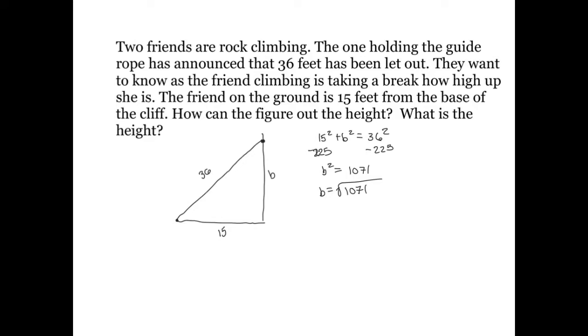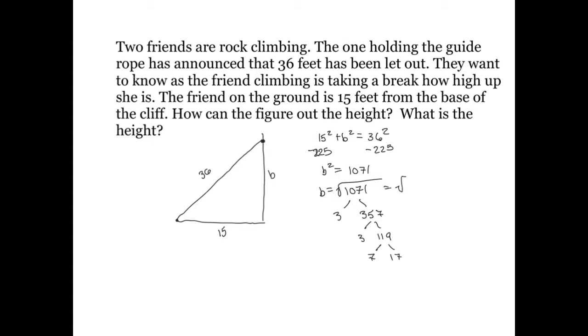So we want to try factoring this out. 1071 is divisible by 3. So this is 3 times 357, which is again divisible by 3. So this is 3 times 119, which is divisible by 7. So this is 7 and 17.